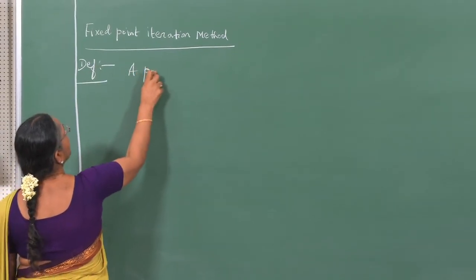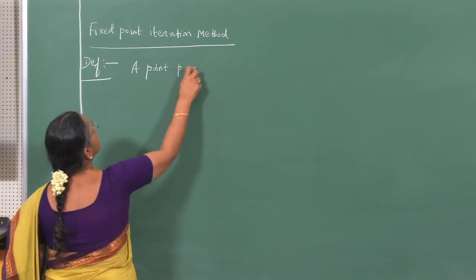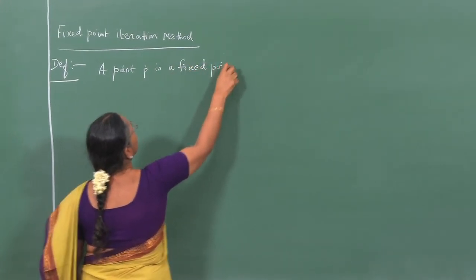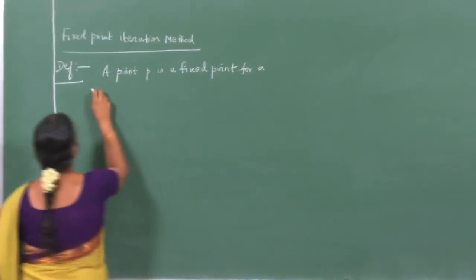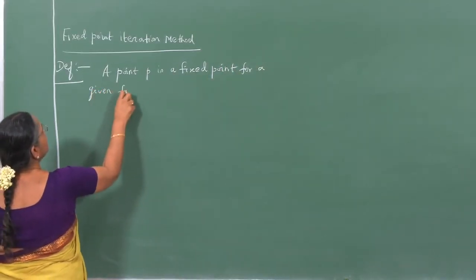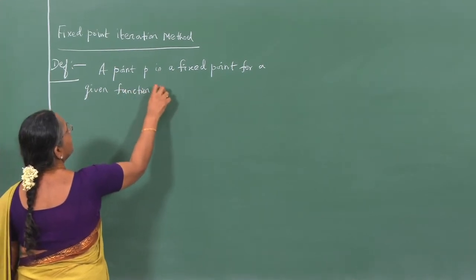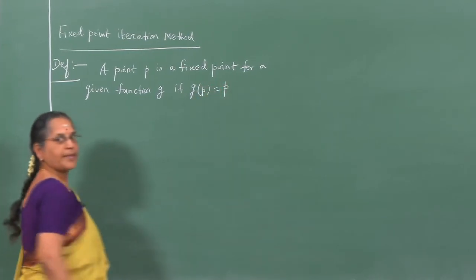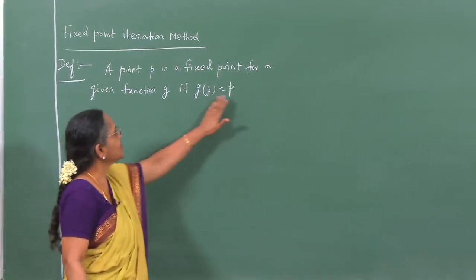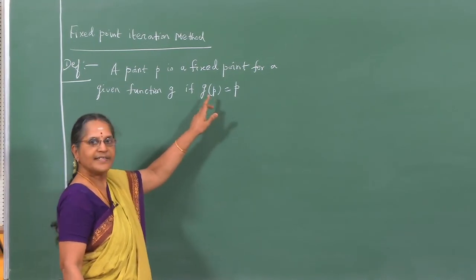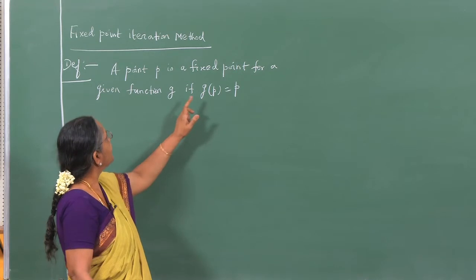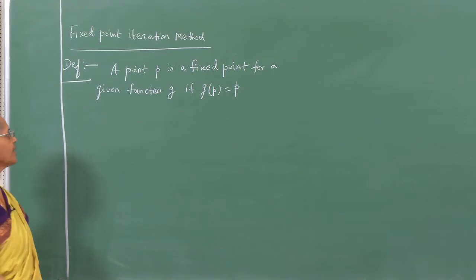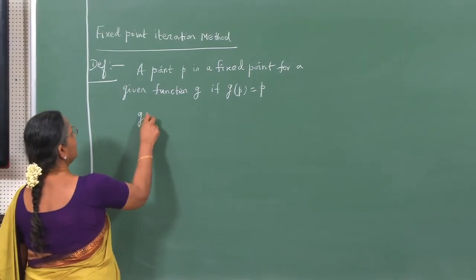So, a point p is a fixed point for a given function g if g of p is equal to p. If this condition is satisfied by some p, then we say that it is a fixed point for this given function g. Let us consider an example.